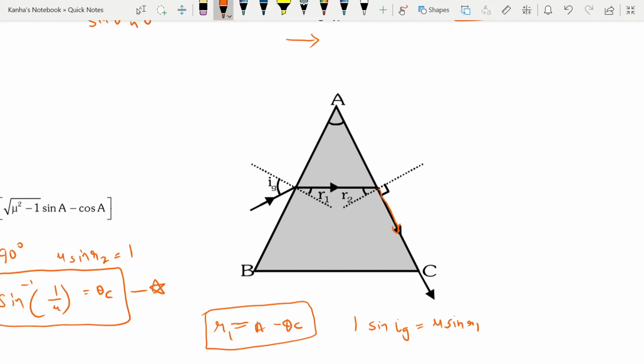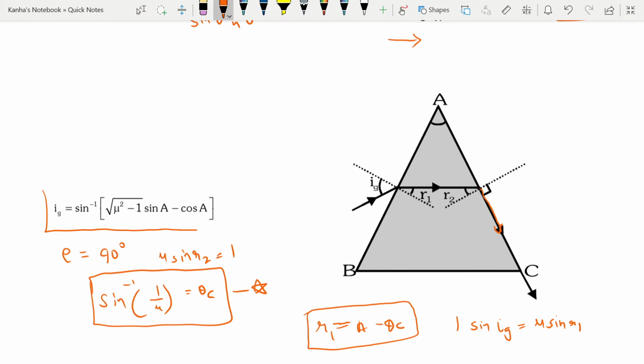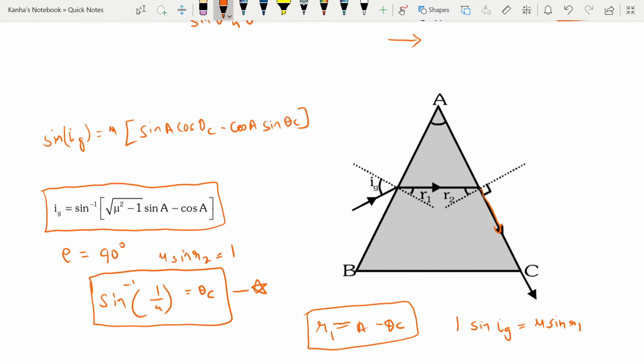This gives me my Ig to be equal to sine inverse of root of mu square minus 1 into sine A minus cos A, because sine Ig is equal to mu into sine A cos theta C minus cos A sine theta C. So by Snell's law on the first face, I get sine of Ig is nothing but mu times sine A cos theta C minus cos A sin theta C. This should be kept in mind.